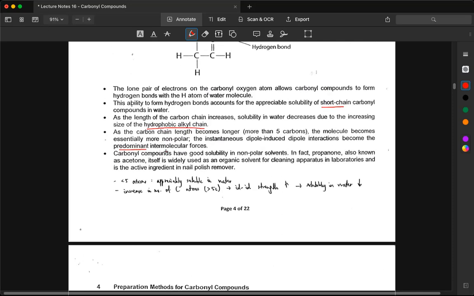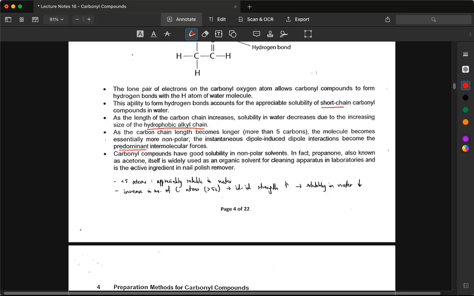Okay, so that will decrease the solubility of the longer chain carbonyl compounds. So carbonyl compounds in general have good solubility with a shorter chain, but as the chain gets longer, the solubility decreases. However, they do form good interactions with non-polar solvents.